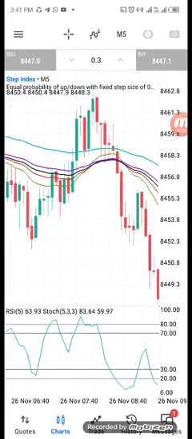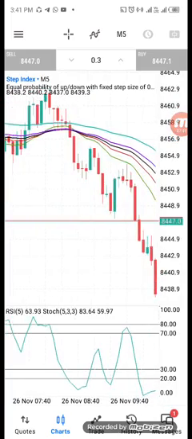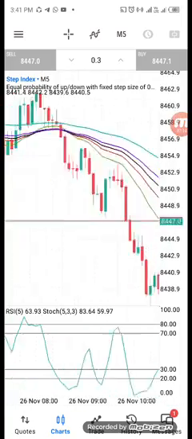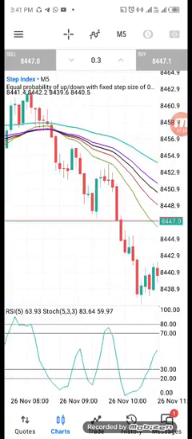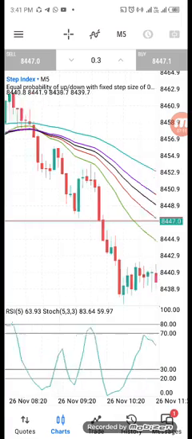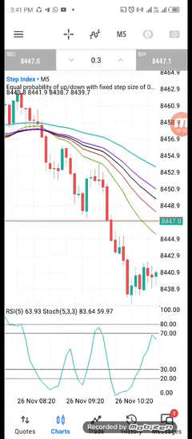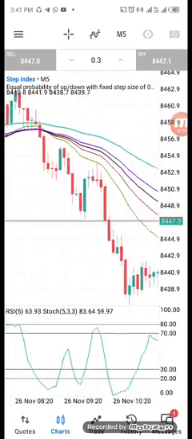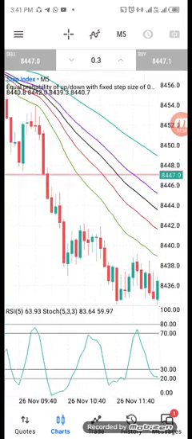So if you are checking 5 minute time frame, we have bearish mode here now presently, which means that the price is below all the moving averages. At this point, you are not looking for any other thing other than sell. Don't look for buy at this moment.